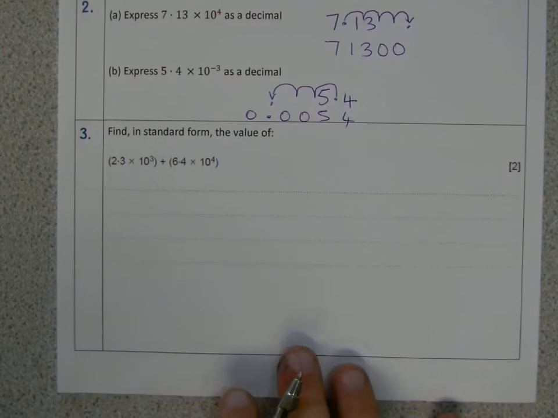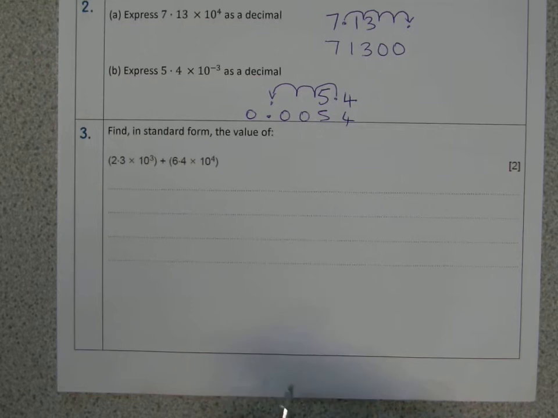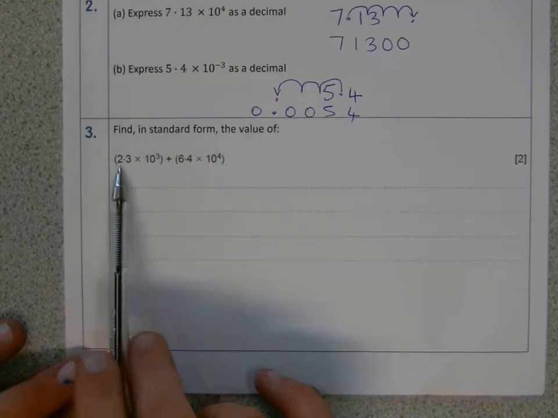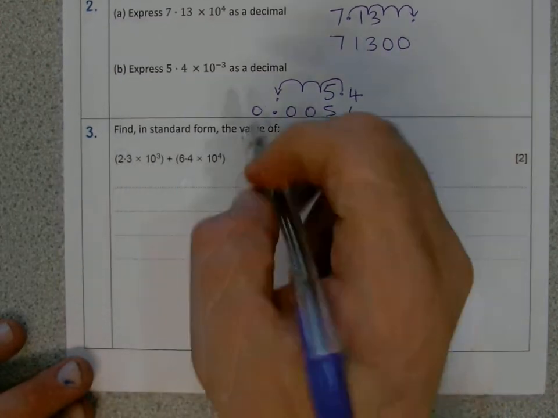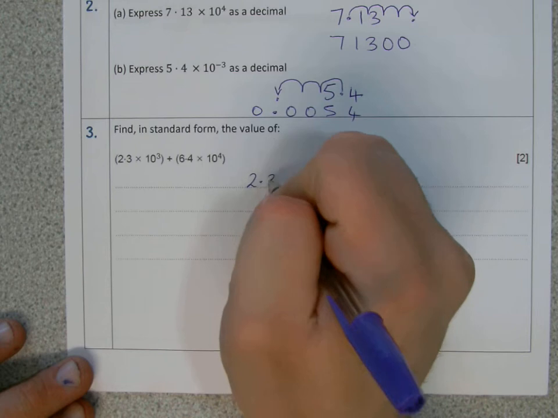With question 3, we've got to add in standard form. When we add in standard form, the best thing to do is to change them into ordinary numbers to start with. It makes much more sense. So if we look at this here, 2.3 times 10 to the power 3.